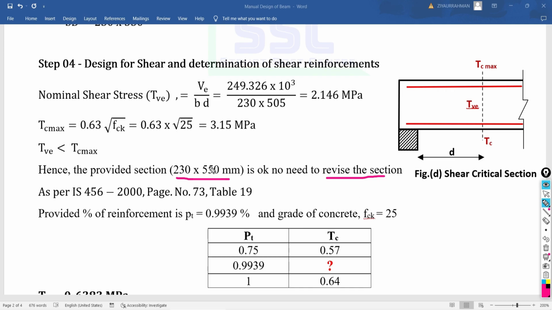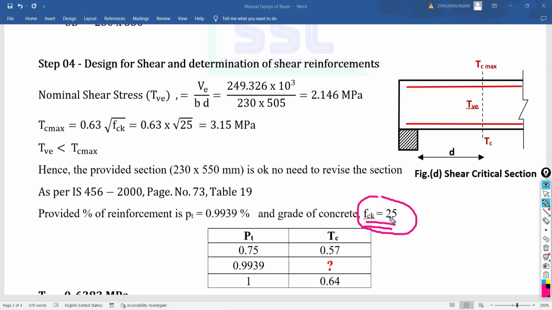But here it is not yet decided whether it is needed to design for shear or not. That is going to be decided by comparing the nominal equivalent shear stress with the critical shear stress. You have to compare these two values. If you would like to calculate the critical shear stress, you need to know the characteristic strength of the concrete, or in another way the grade of concrete.